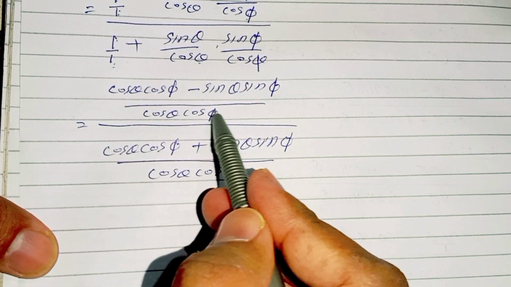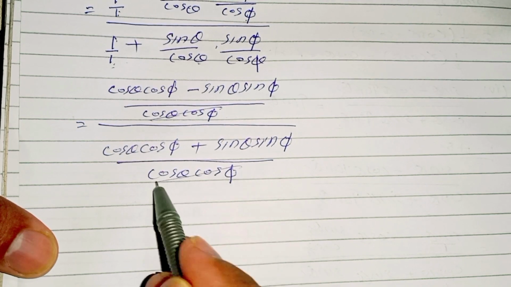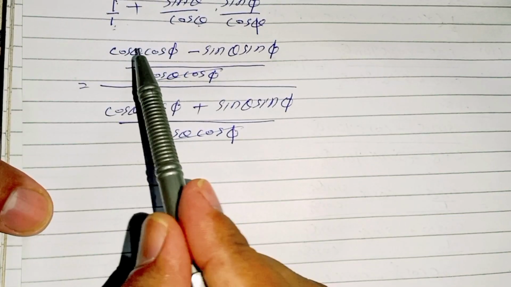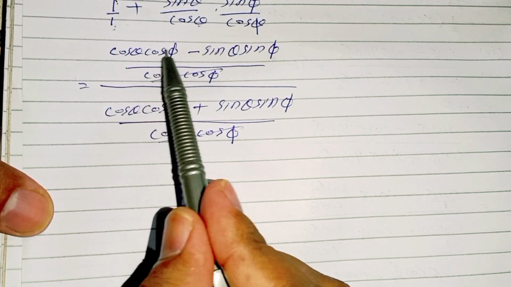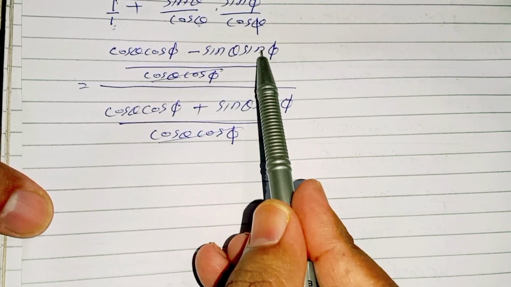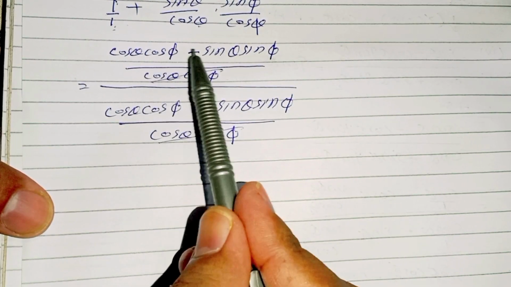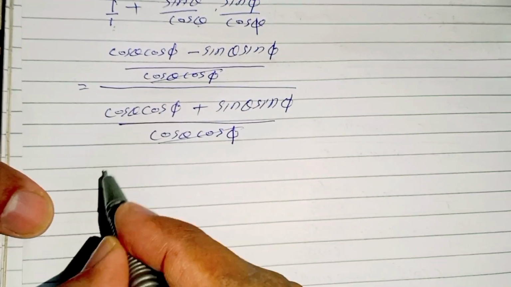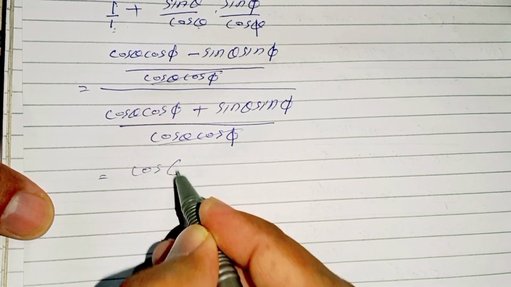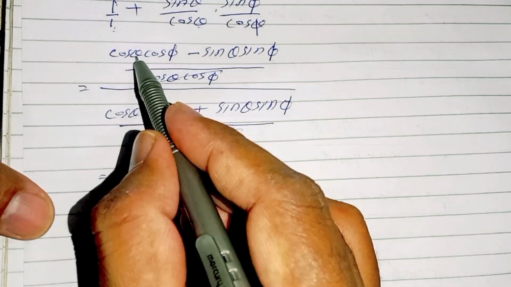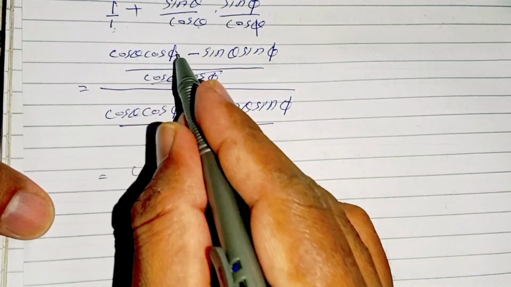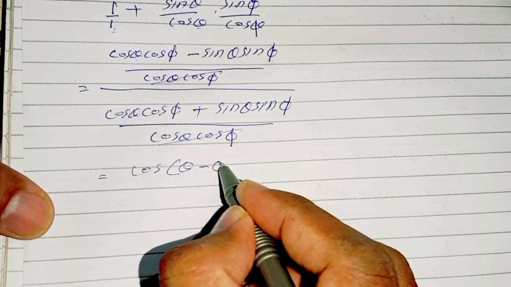In the denominator cos theta cos phi, numerator and denominator are cancelled, and we have cos alpha cos beta minus sin alpha sin beta. Cos alpha cos beta minus sin alpha sin beta is equal to cos of alpha plus beta. In place of alpha we have theta, and in place of beta we have phi.